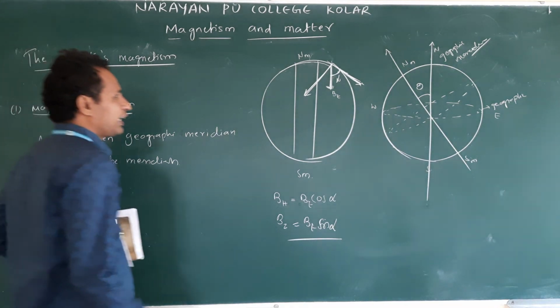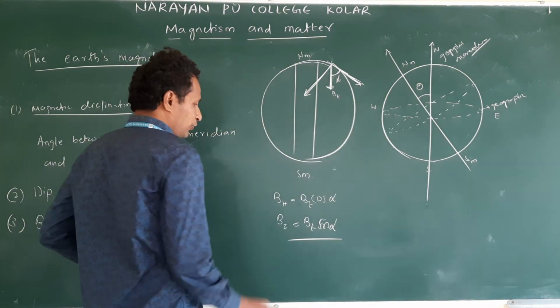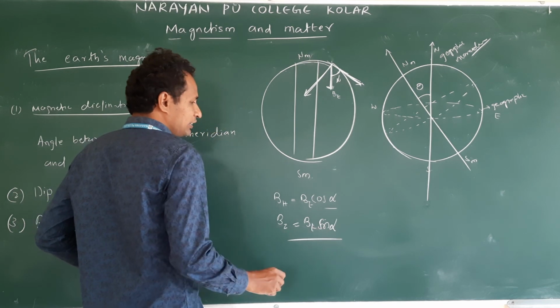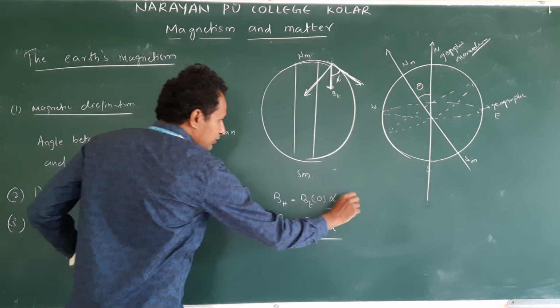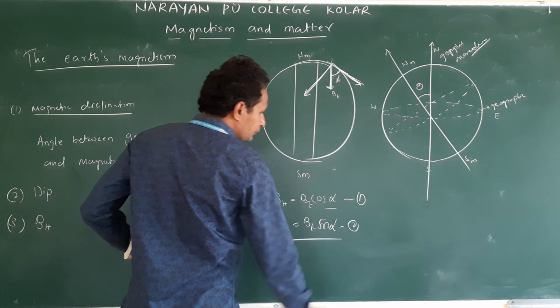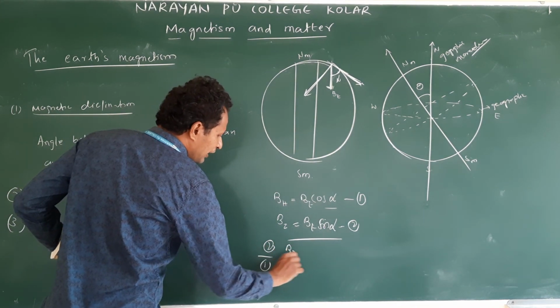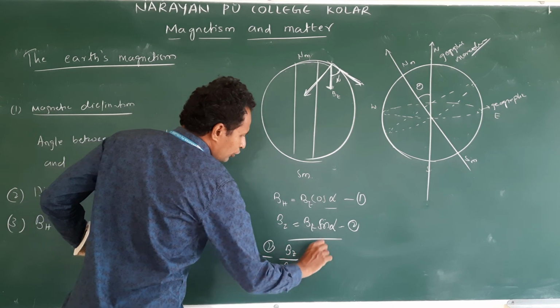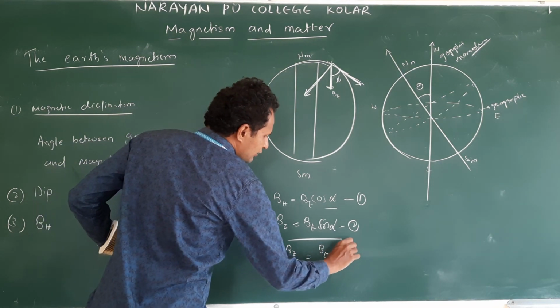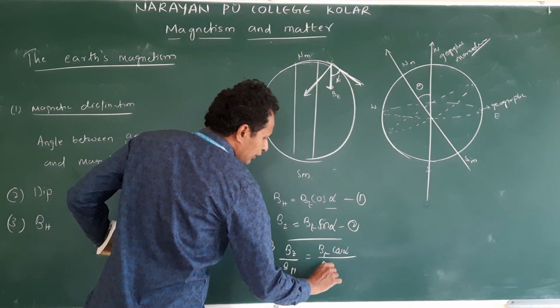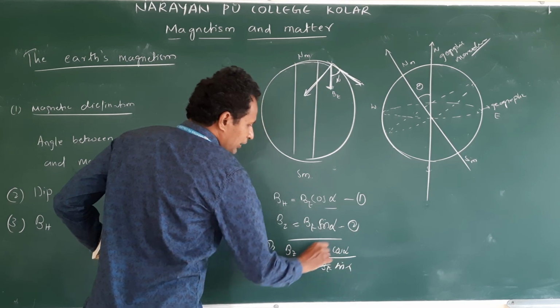Then how do you find dip at a given place? Once we know this BH and BZ, if you divide these two, consider equation 1 and equation 2, if you do 2 by 1, BZ by BH is equal to BE sin alpha by BE cos alpha. BE cancels.